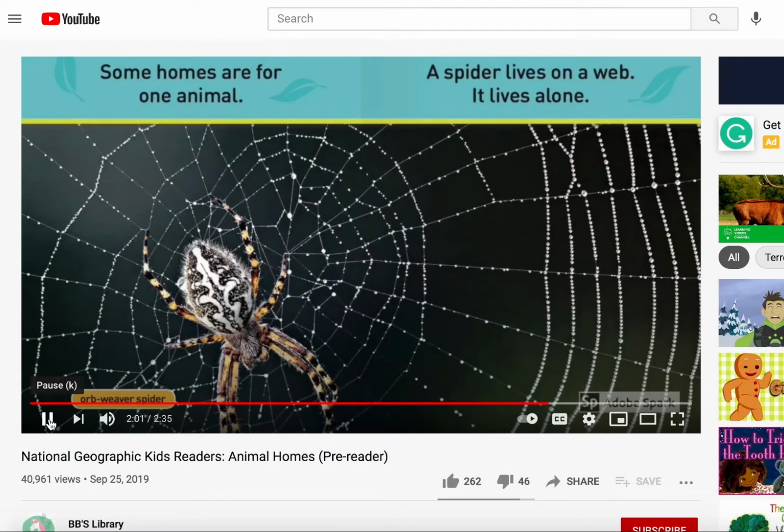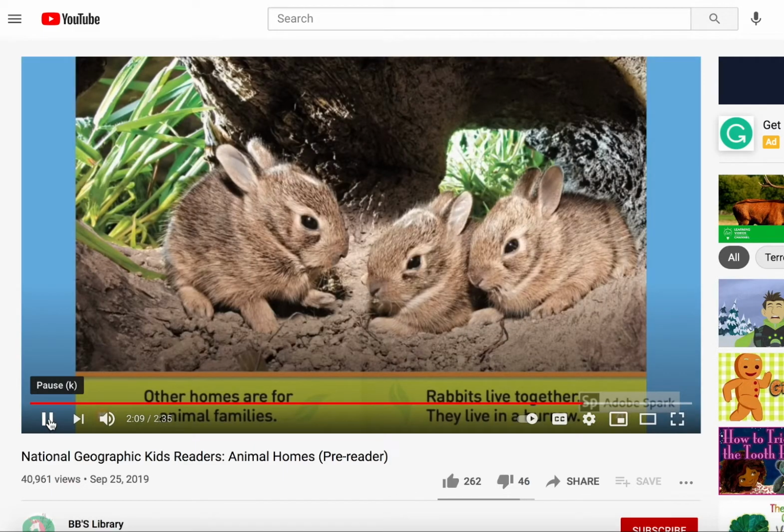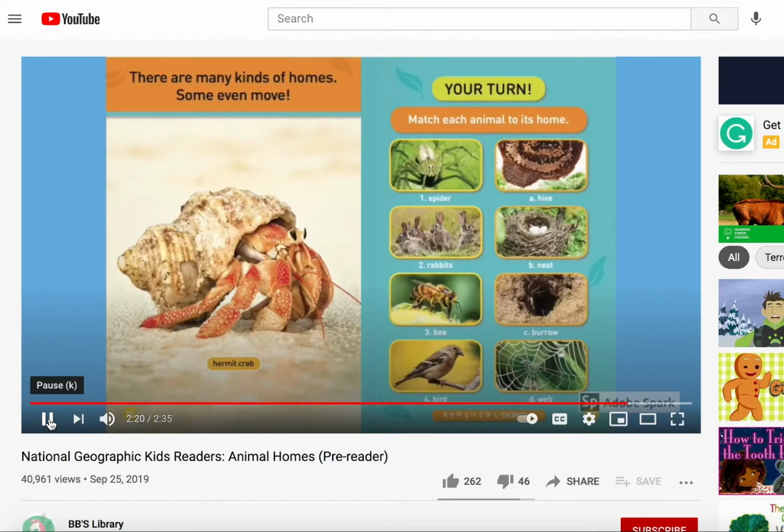A spider lives on a web. It lives alone. Aww, lonely spider. Other homes are for animals' families. Rabbits live together. They live in a burrow. There are many kinds of homes. Some even move. Your turn. Match each animal to its home.